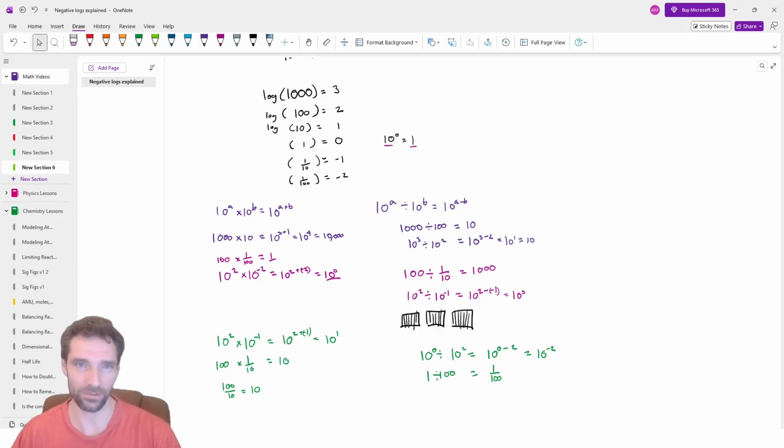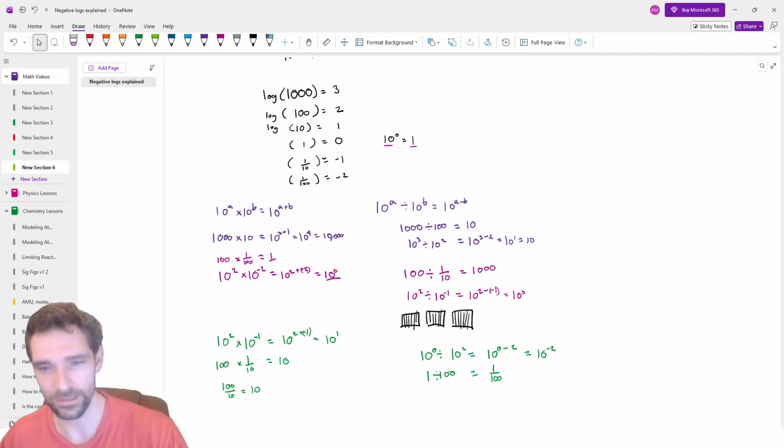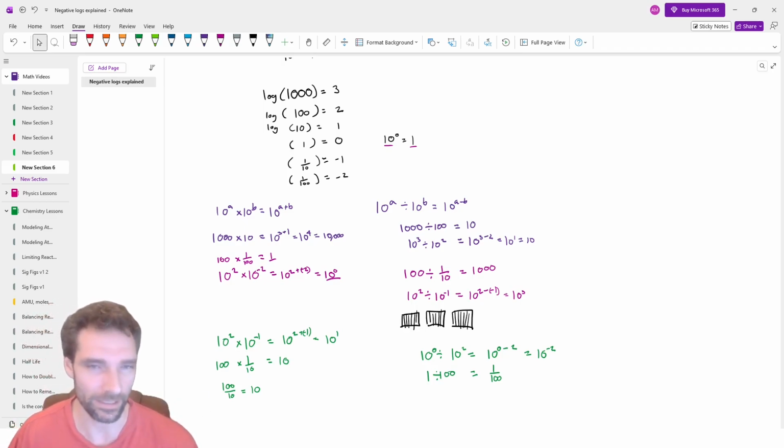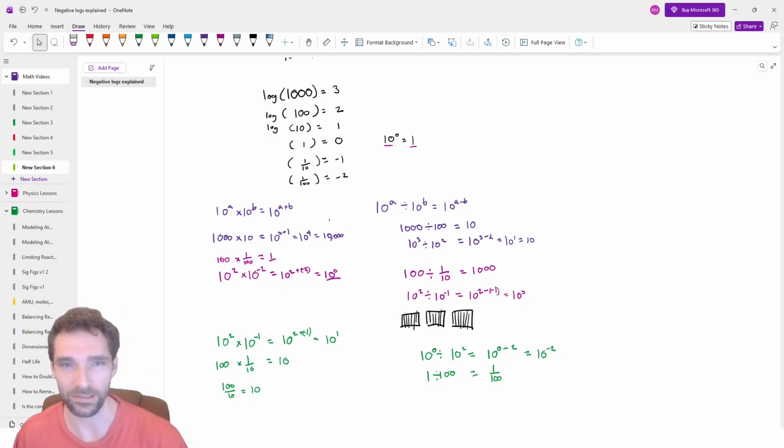You can do other logs, but I think for this type of thinking, just focusing on that log 10 really helps people see the general idea, and then you can apply it to natural logs as well as logs of other values like log 5 or log 7 or whatever. But if you're not used to thinking in different number systems, that's a bit weird. So we're gonna just start with log 10.